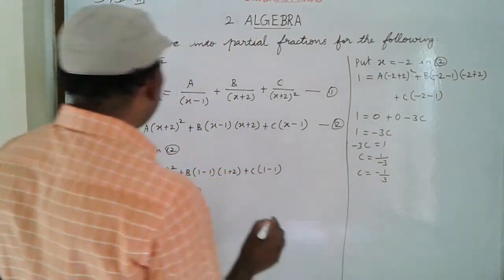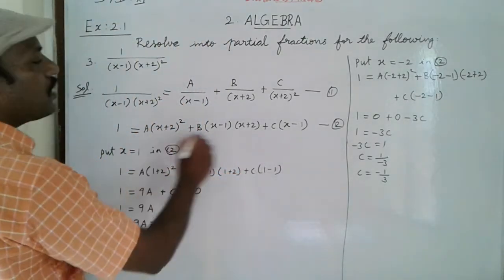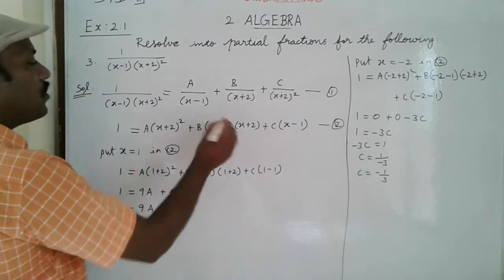Now we should find out the b value. Put x equal to 0, then x is 0 in all terms.